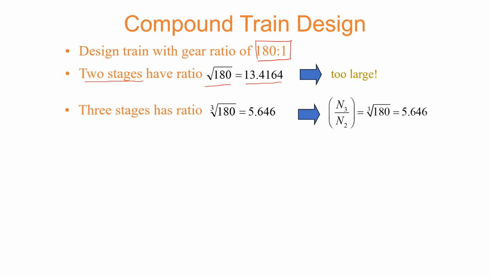So if you have 3 stages, you can take the cube root, and this turns out to be 5.64. And now this is something achievable. And this would mean that I can assume this as the intermediate gear ratio between the stages. And since you have 3 stages, you can eventually achieve the 180 to 1 ratio.